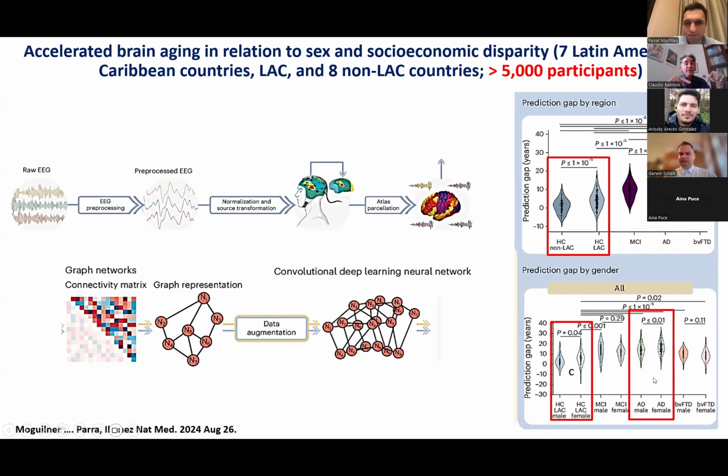So the females are subjected to a quicker brain aging, probably due to less diagnosis, less therapies during the lifespan, worse nutrition, and less physical activity, and so on. So there is a social and economic factor accelerating the brain aging in Latin American countries, especially in females.